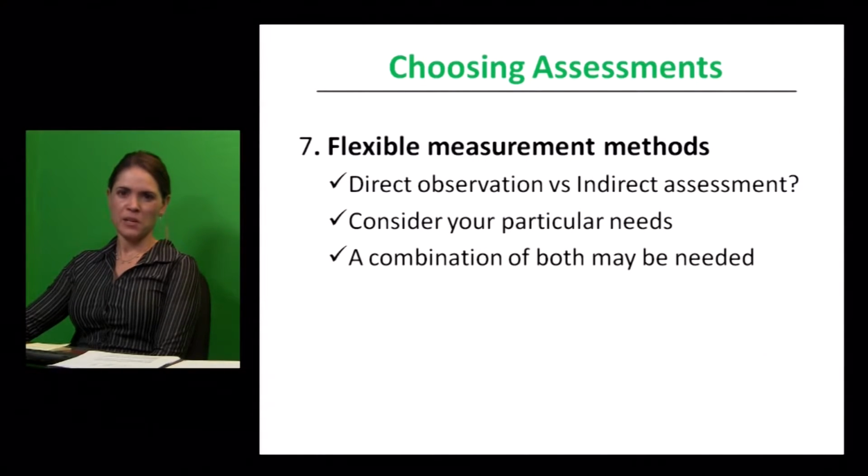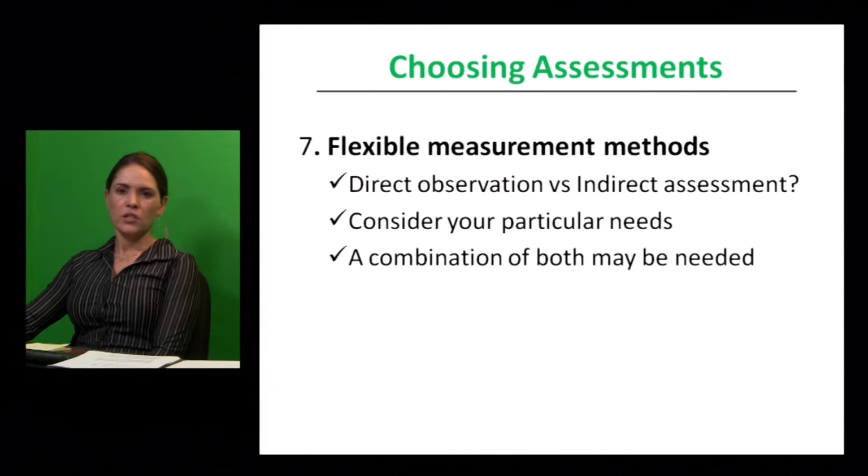How long is it going to take me to do direct observation? Is it possible for this to be flexible to suit whatever my constraints are? And, you know, in some cases, maybe a combination of both is needed. So maybe it would work well to use more of a questionnaire format when you know for certain the child can do something well enough that you don't ever want to work on it again, and you can use more of a verbal report for those kinds of things.